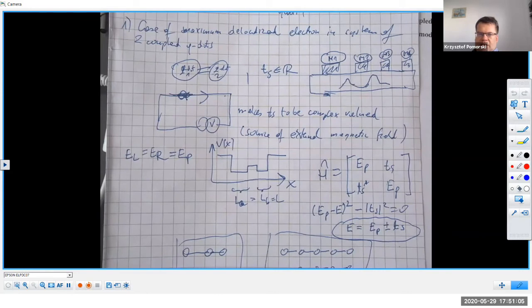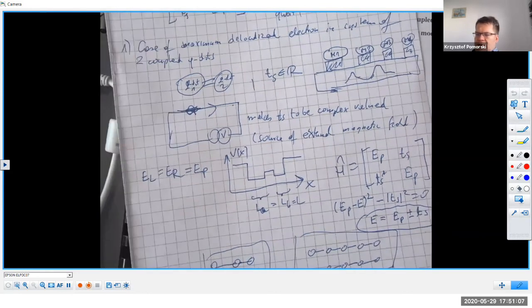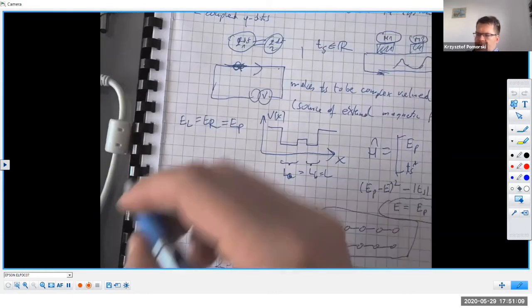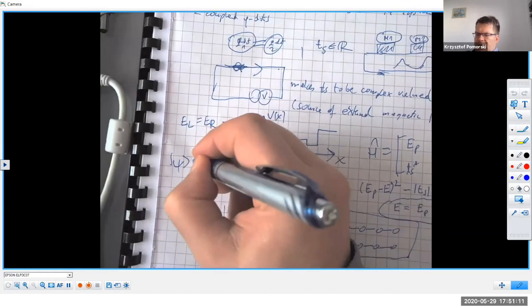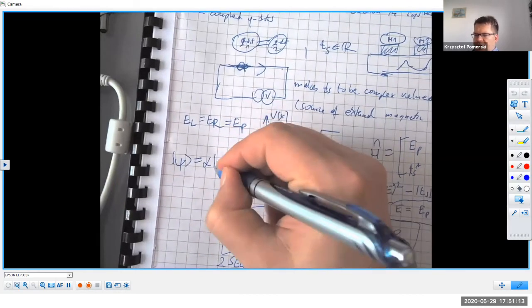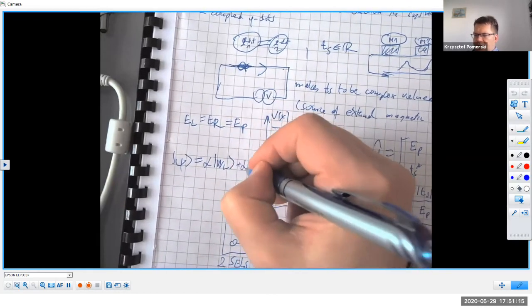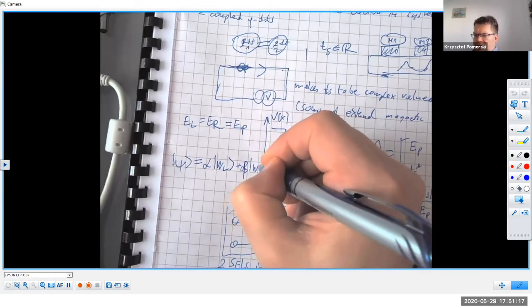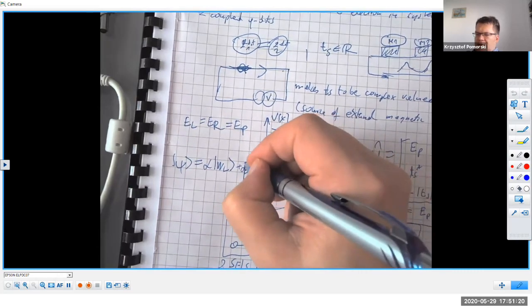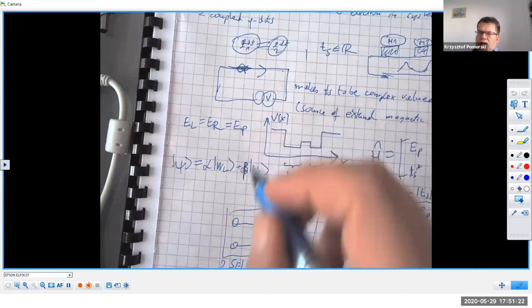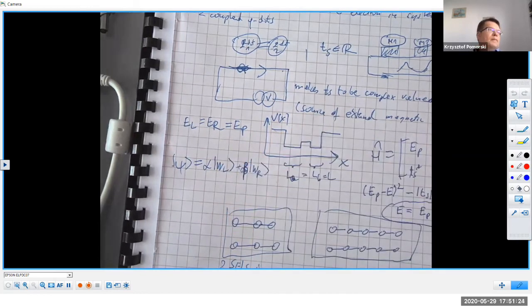So basically you are dealing with such a description of your quantum state. Of course, you can have more. If you have more quantum dots, you have more contributions.